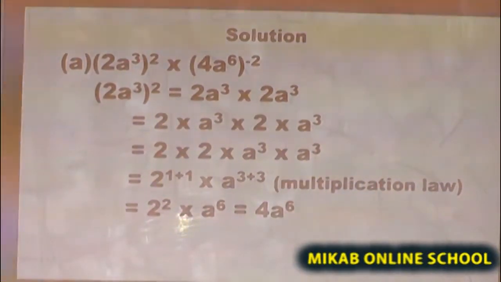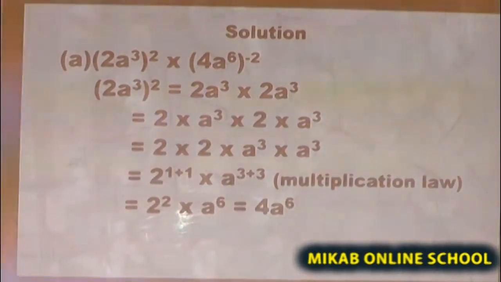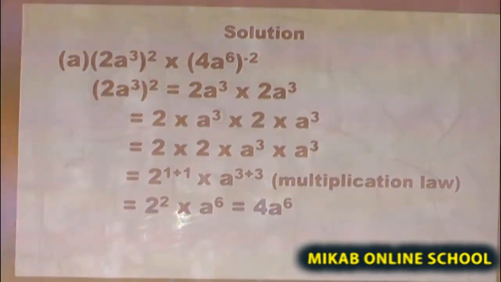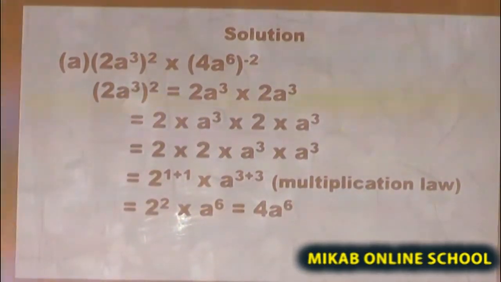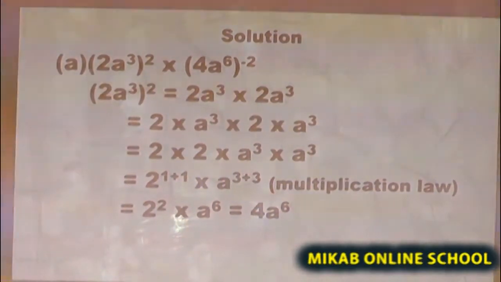And this 2 raised to the power of 2 is still the same thing as 2 times 2, as we had in the previous expression, which is going to give us 4. And this a raised to the power of 6 will be written along with 4.